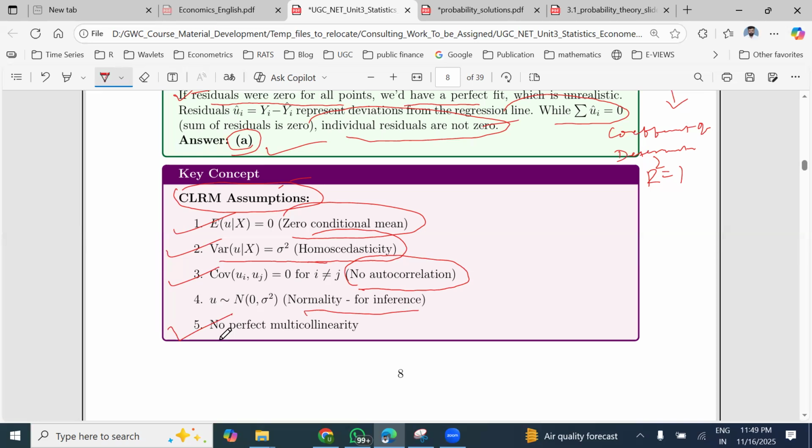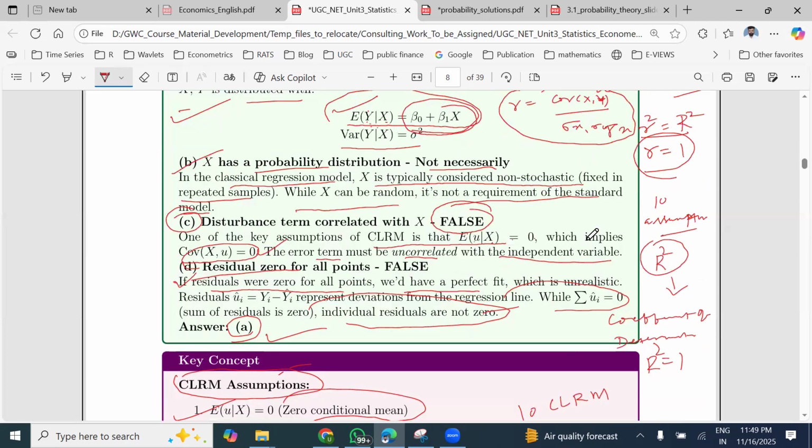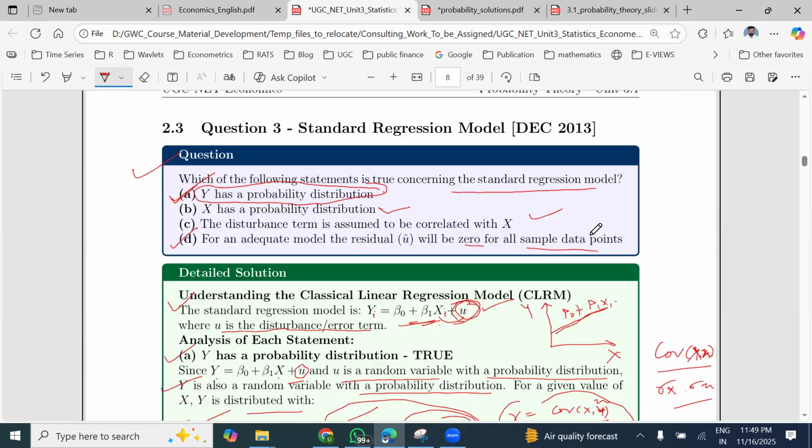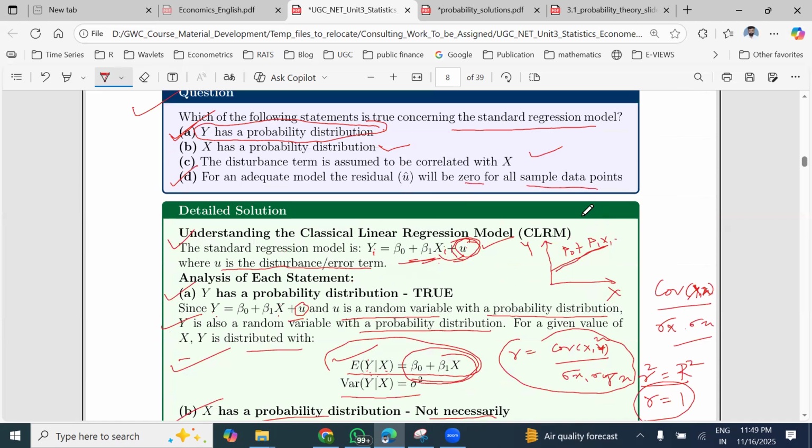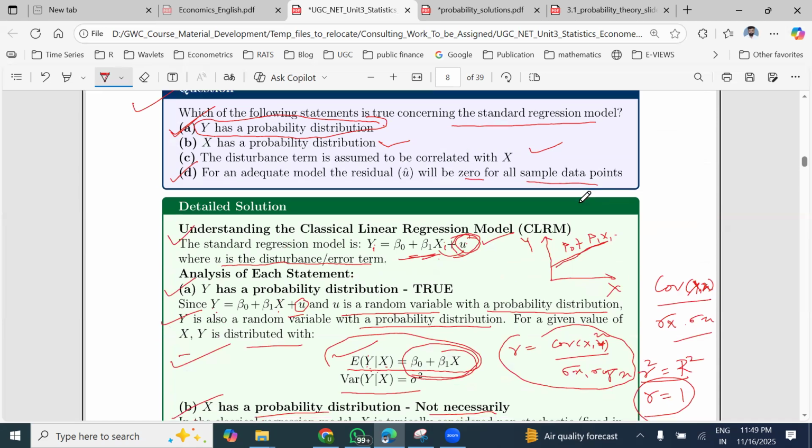So CLRM, what is the takeaway from here? All the 10 assumptions, 5 are written over here. We will discuss what those 10 CLRM assumptions are and what their implication is. You have to remember them, so that if there is any question like this, it is a kind of lollipop question, because you are not doing any calculation.